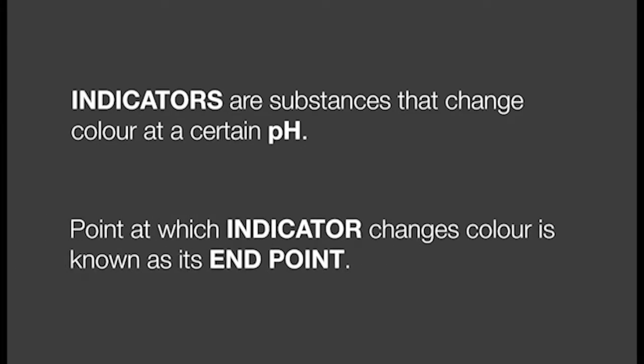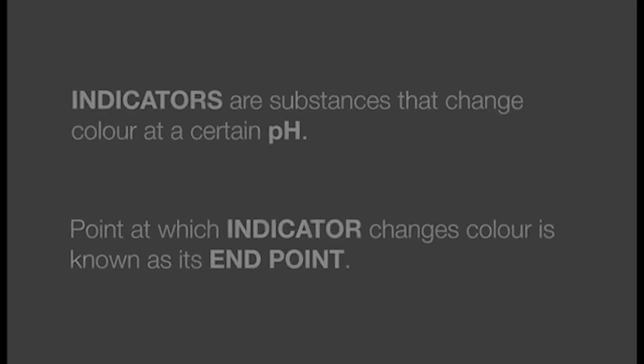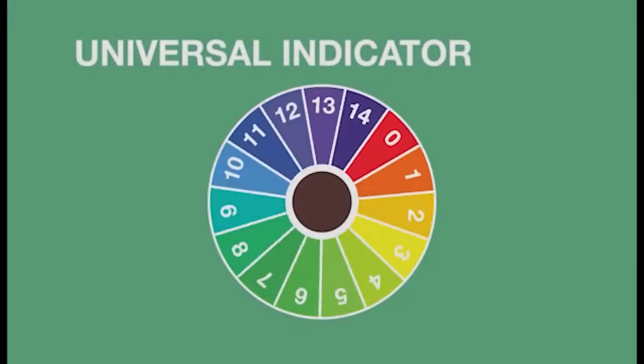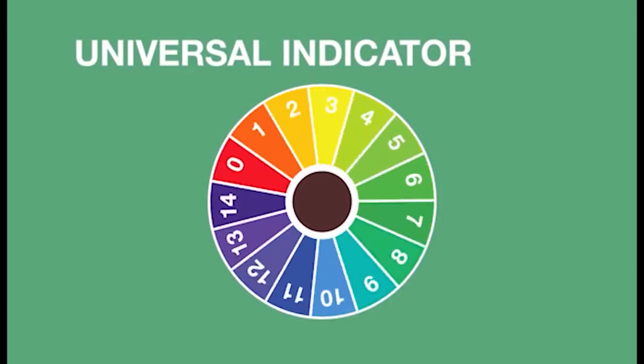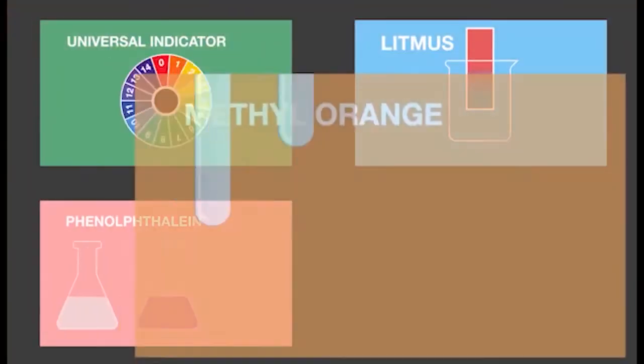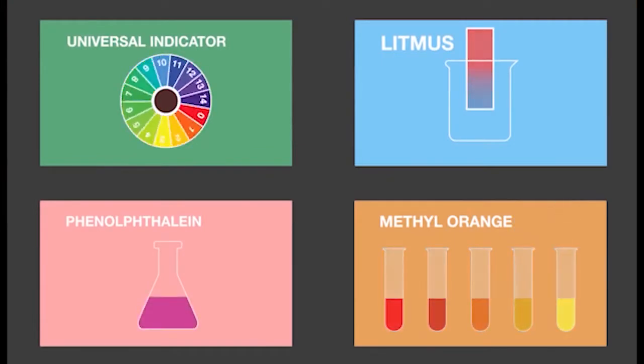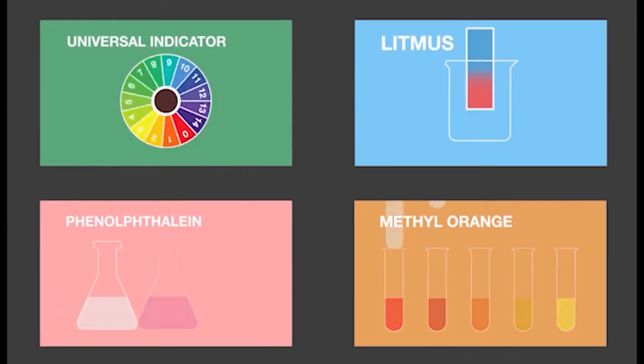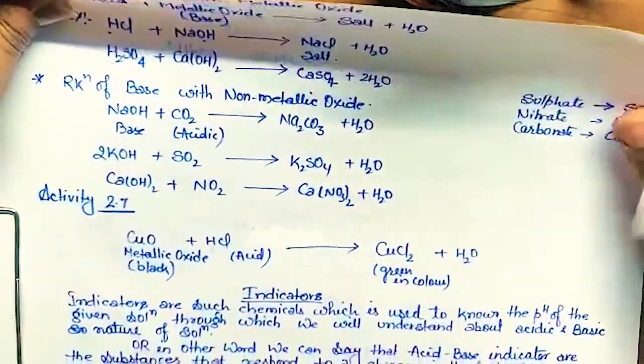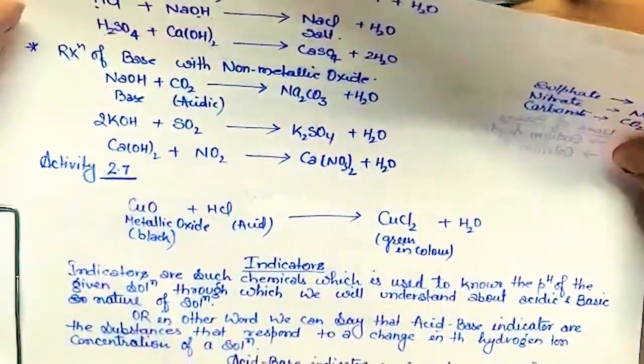The point at which the indicator changes color is known as the endpoint, which can be at any pH. Common indicators that you will encounter in general are universal indicator, litmus in the form of litmus paper, phenolphthalein and methyl orange. Hope through this activity your indicator concept is clear.